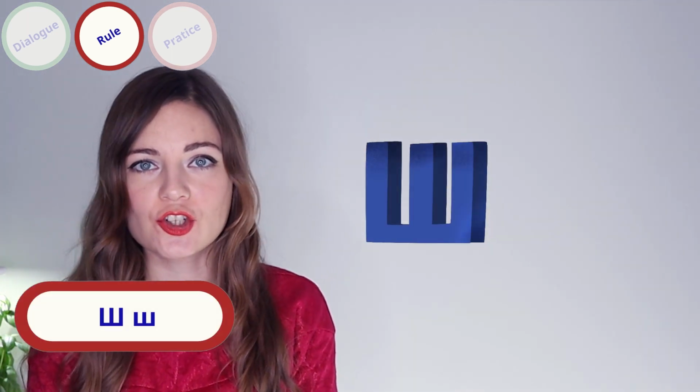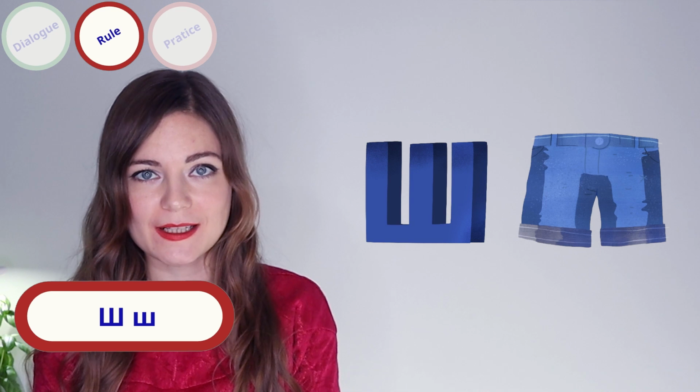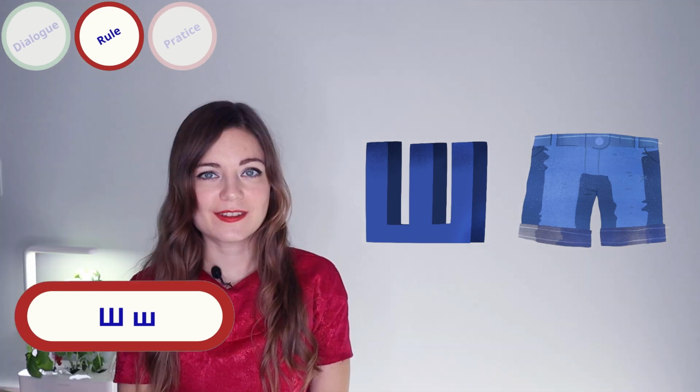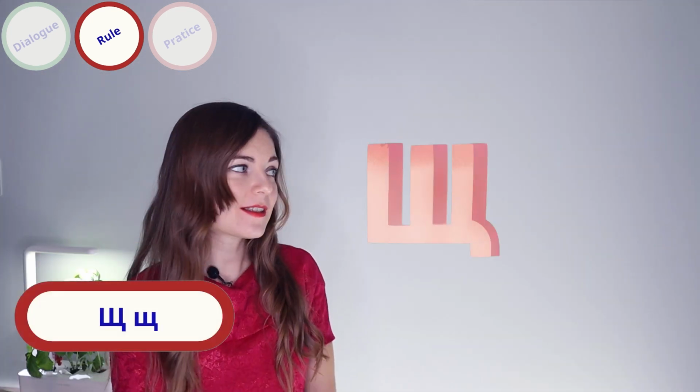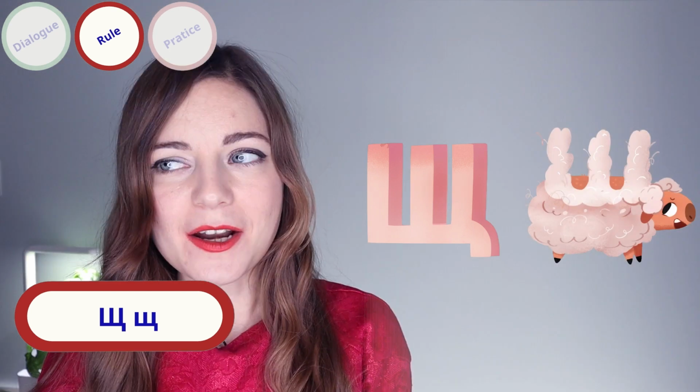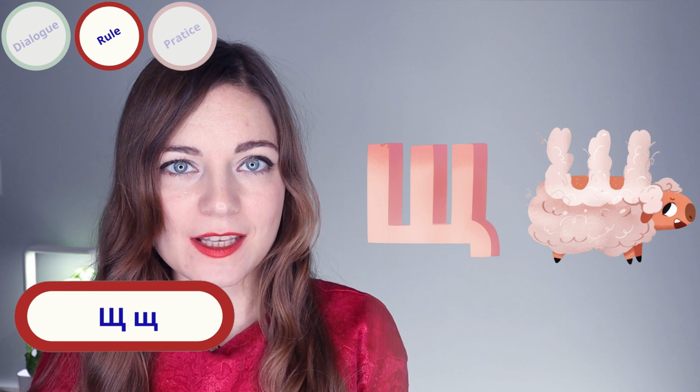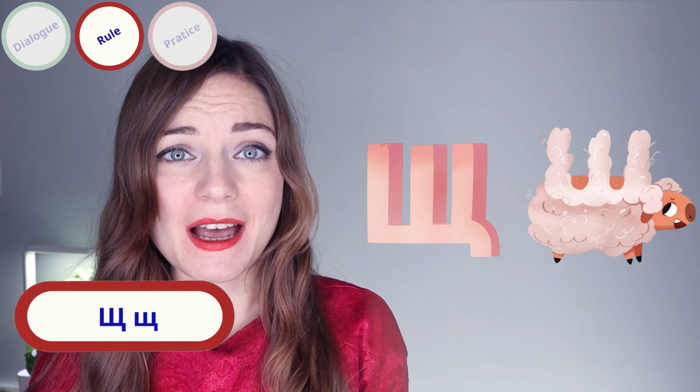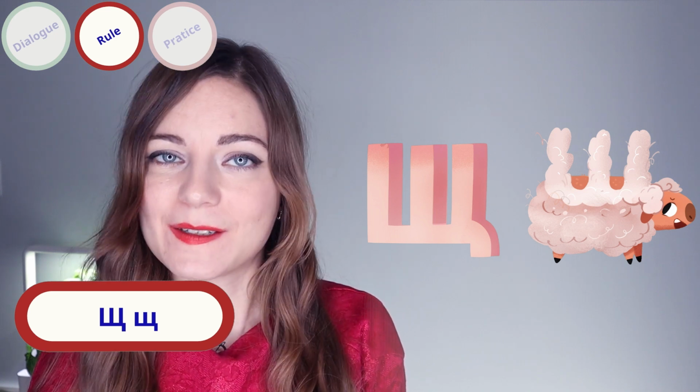The letter sh gives the sound sh, as in the word shorts. The letter sh gives the sound sh, as in the English word sheep. I know the sound that this letter gives probably sounds the same as the previous one to you. We will have a closer look at them just in a minute.